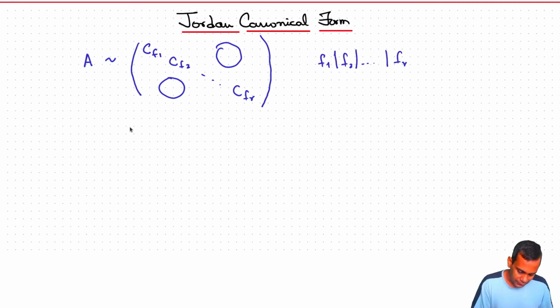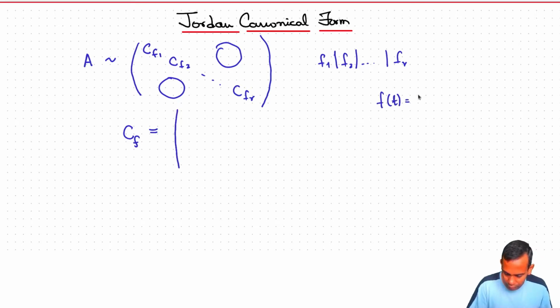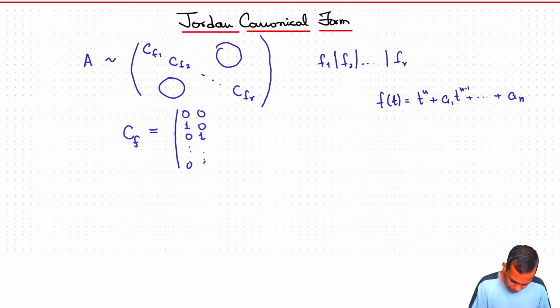And this matrix CF is the companion matrix of the polynomial f, which is defined to be the matrix of the following form. If f of t is the polynomial t to the n plus a1 t to the n minus 1 plus ... plus an, then CF is the n by n matrix which firstly has ones just below the diagonal.